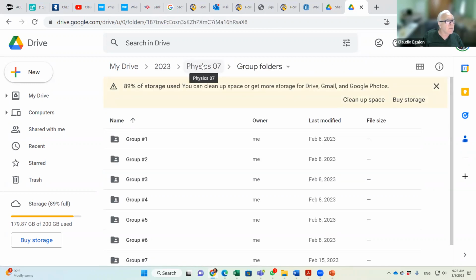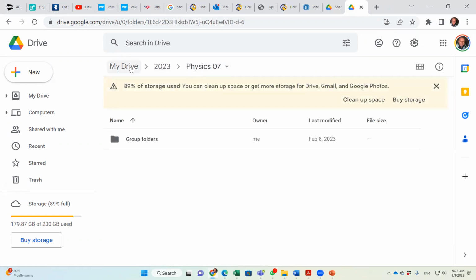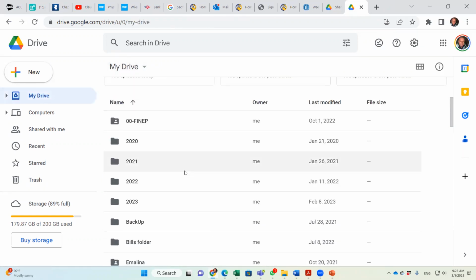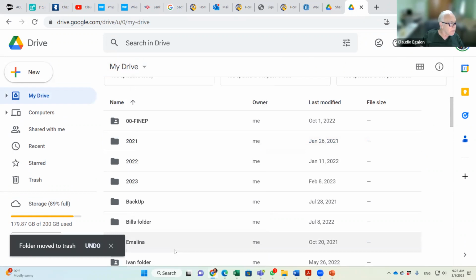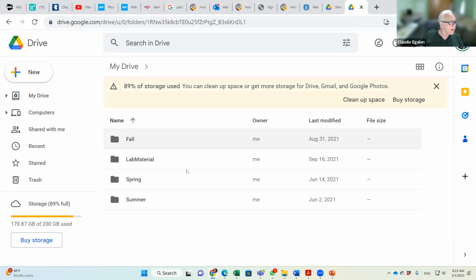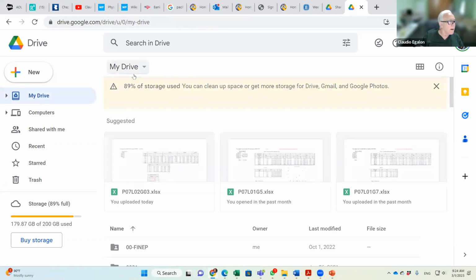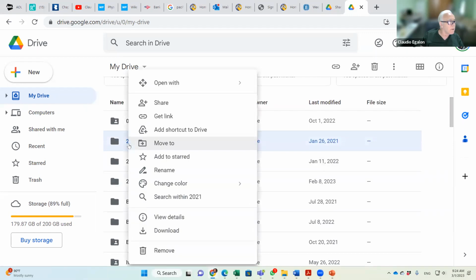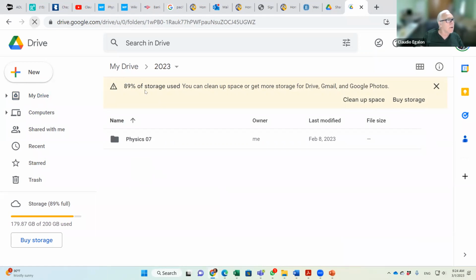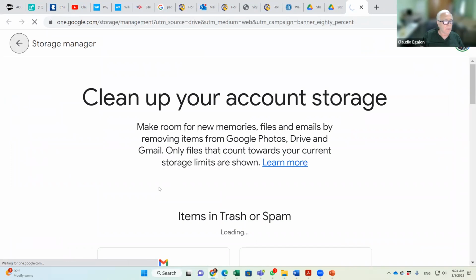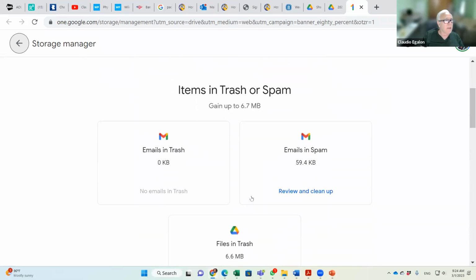Maybe I will delete some of the old files. I'm suspecting that's the problem. We'll remove this one. I'm also going to remove this one here. We're getting this message about space, storage.